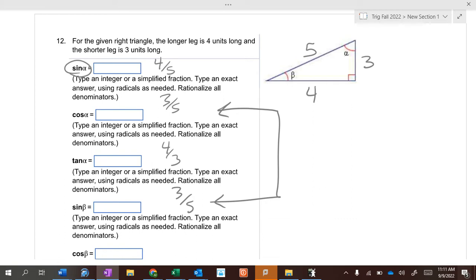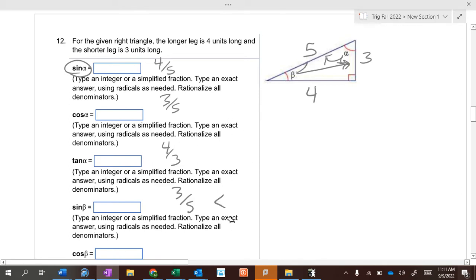Because we used alpha as opposite over hypotenuse for the sine, and the cosine of alpha is 3 over 5, adjacent over hypotenuse. And with beta, opposite over hypotenuse is 3 over 5.